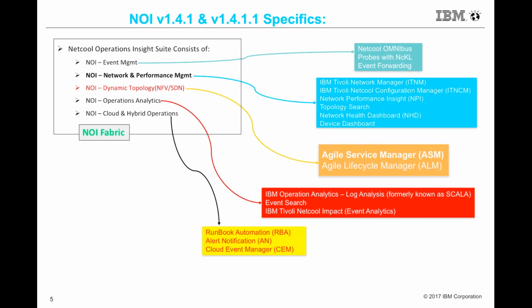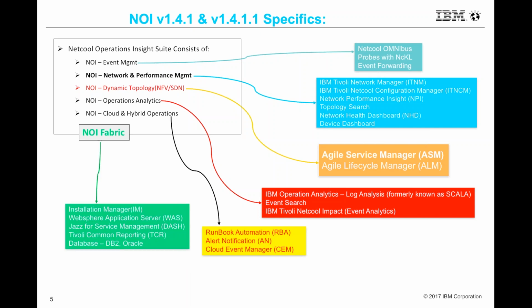And then we have the hybrid offerings, which go more toward SaaS-based runbook automation and alert notification. The new piece is Cloud Event Manager. And all these pieces are glued together using the NOI fabric. So irrespective of which pillar you take, you will always have that fabric: installation manager, WAS, DASH, and so forth. The only optional component there is TCR.